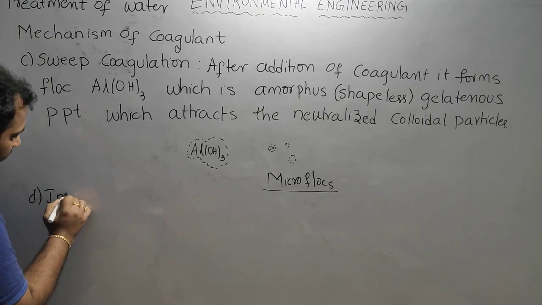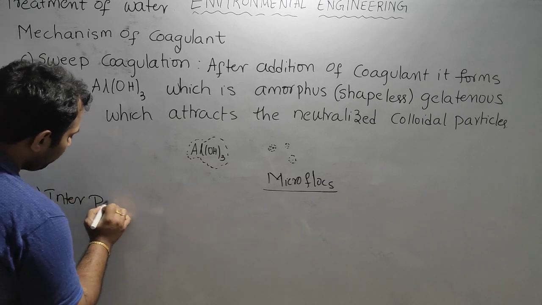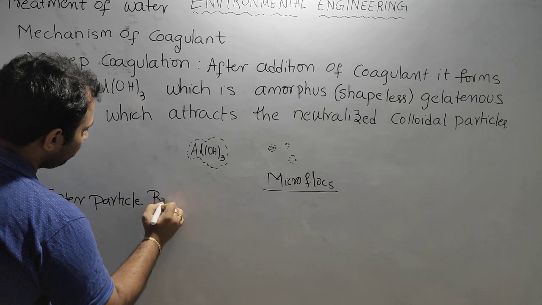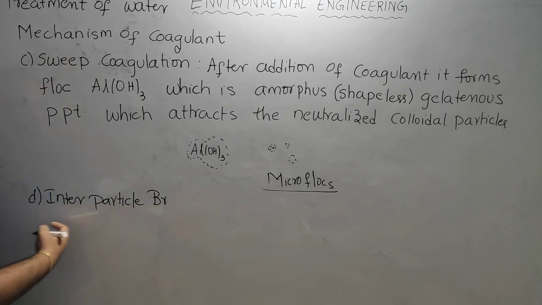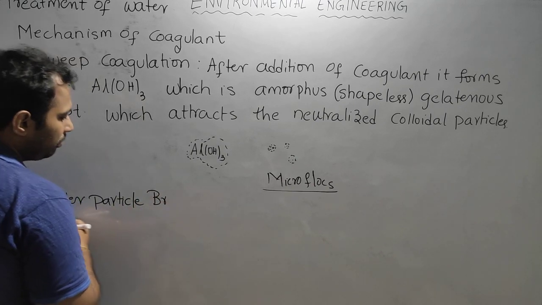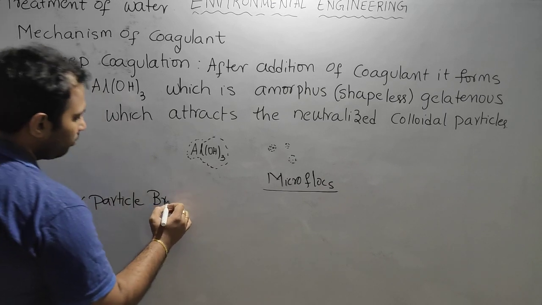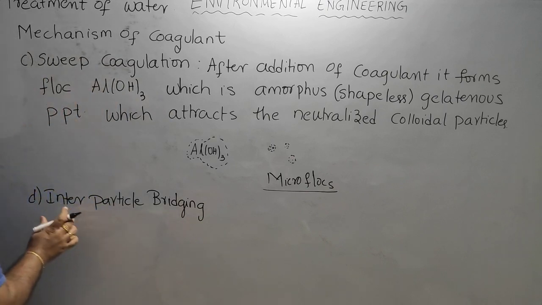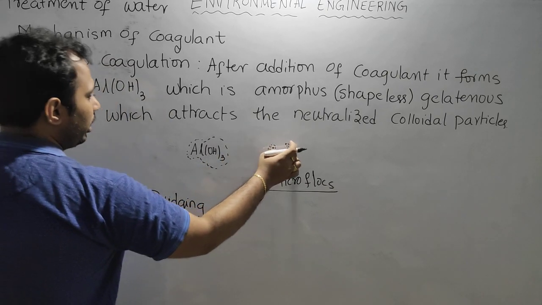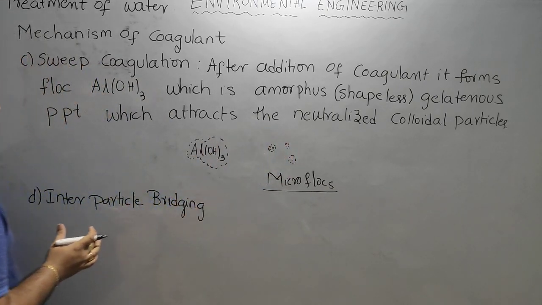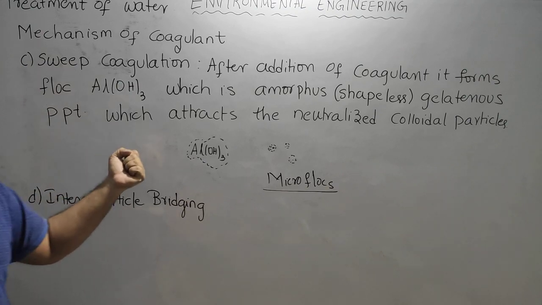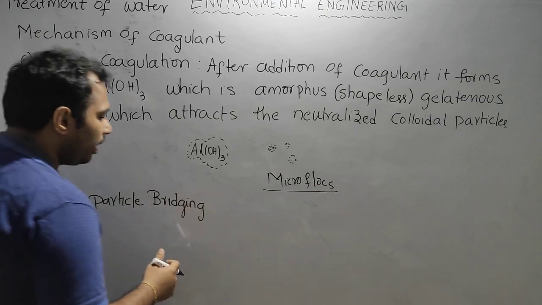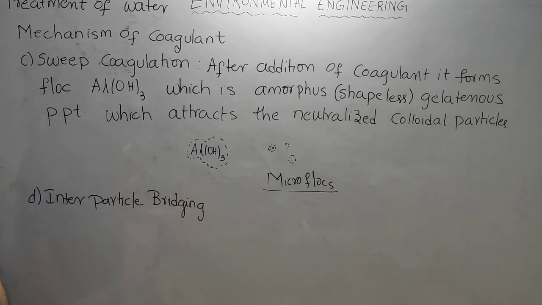Next is interparticle bridging. If you read the term properly, the term indicates the definition. Interparticle bridging means the particles are bridged by something that can hold two microflocks. The microflocks are held by heavy metallic cations.